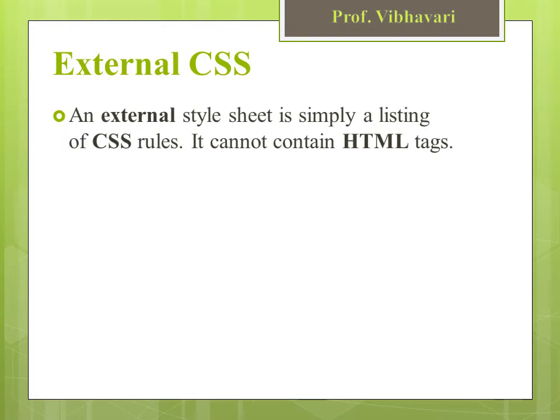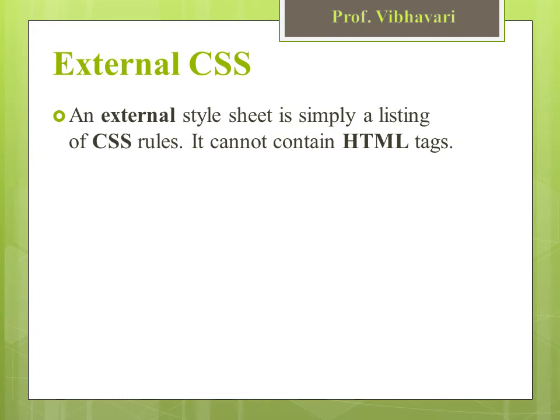Now the next one is, external CSS means what? External CSS is simply the listing of the CSS rules, including the selector and the property and its respective value, that it cannot contain in HTML tags.